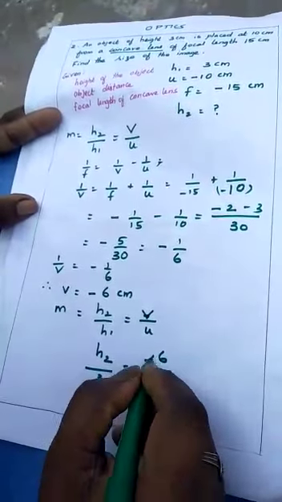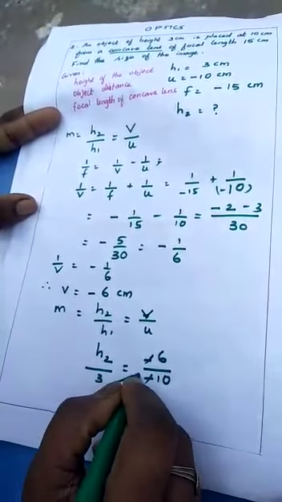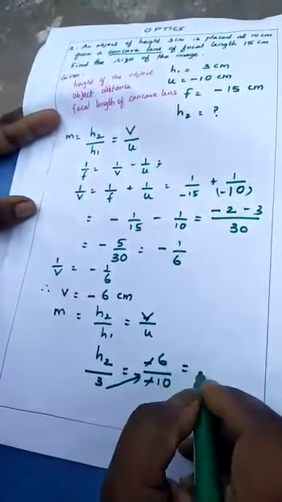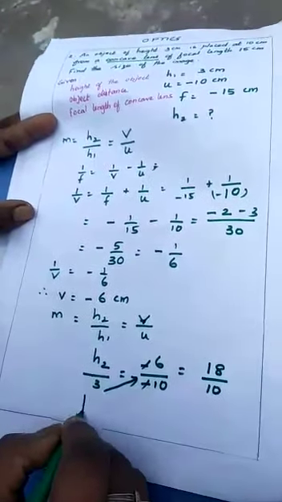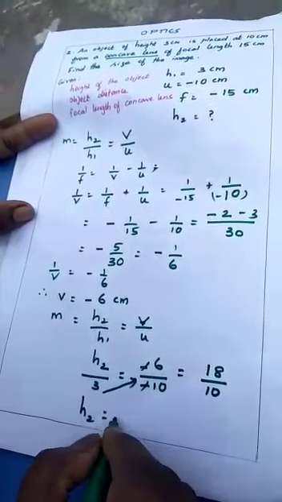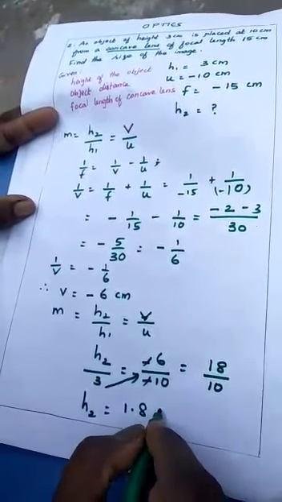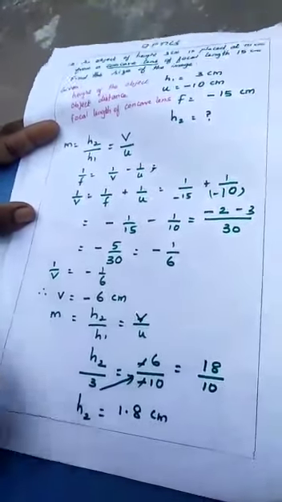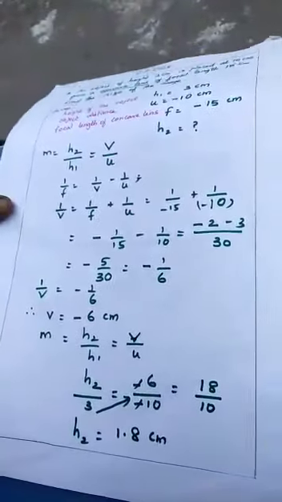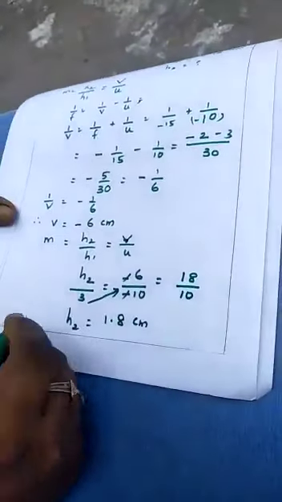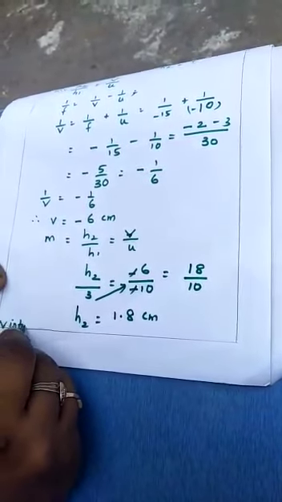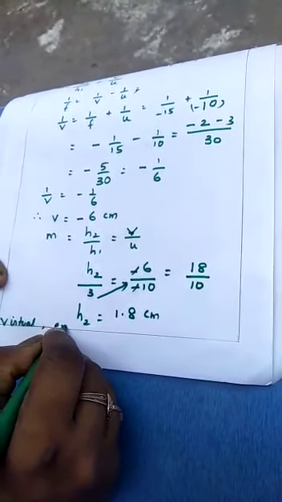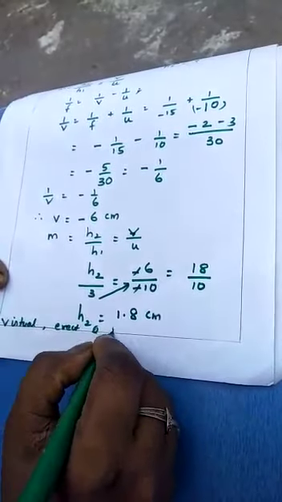So this minus gets canceled. Then take this 3 to this side, we get 18 by 10, which is equal to H2 equal to 1.8 centimeter. So we know for a diverging lens we get a virtual, erect and diminished image.